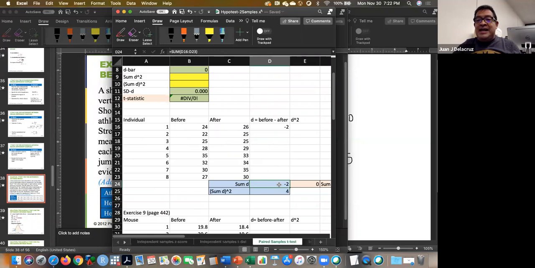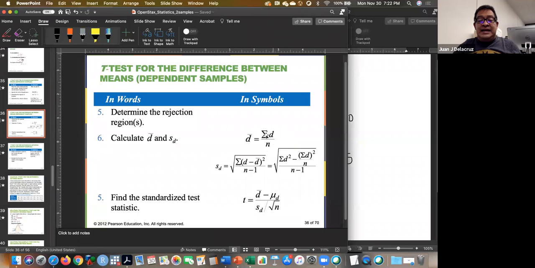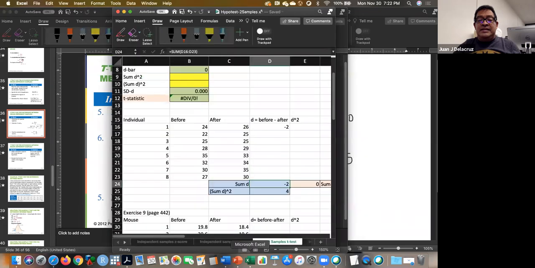So remember, for my formula, I need the summatory of the differences, then divided by the sample size in order to calculate the mean of the differences. So in this case, I'm going to drag this down. So as you can see, that person didn't improve. This person did worse. But most of the people are improving their jumps.